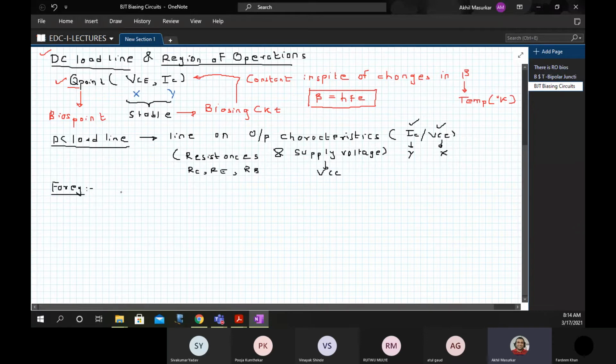So let us draw one small circuit and try to understand the concept of DC load line. Please draw this circuit with me.